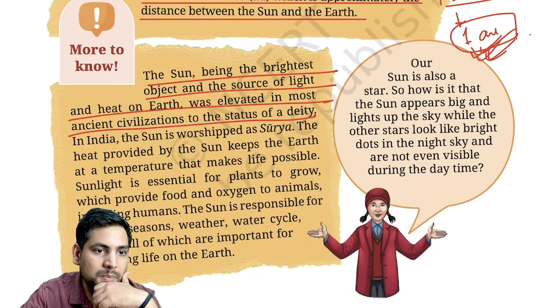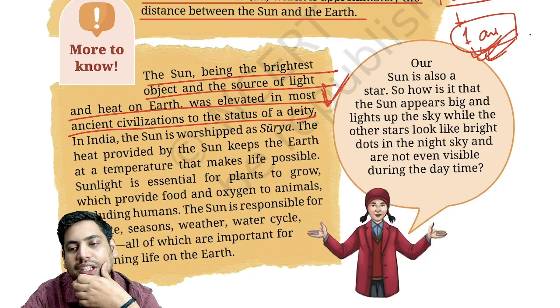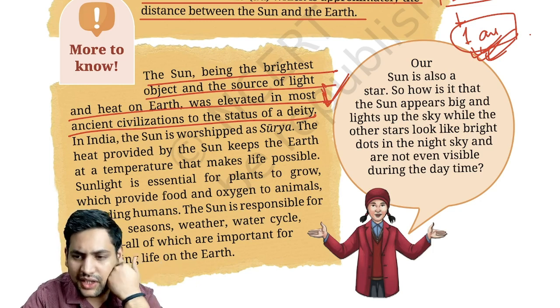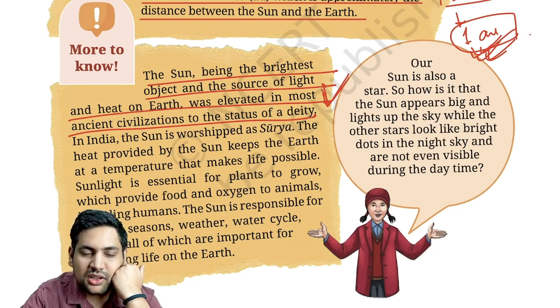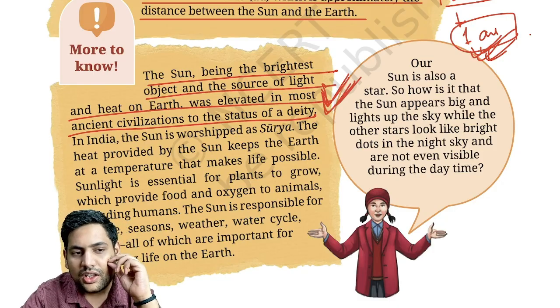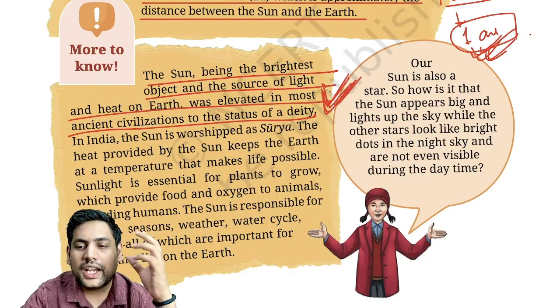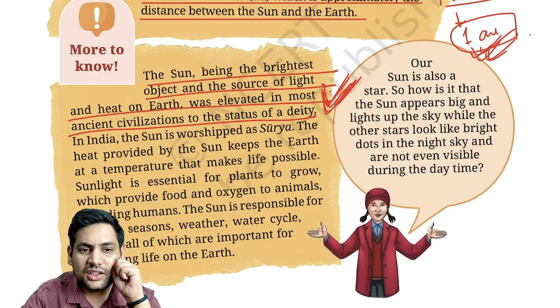The sun, being the brightest object and source of light and heat on earth, was elevated in most ancient civilizations as a deity, which I think is fine. Correct? We keep our religious beliefs in many things that are not even visible to us. Now, just because we understand that this is the sun, and it has so much light and energy, there is nuclear fusion, it does not mean it is not special.